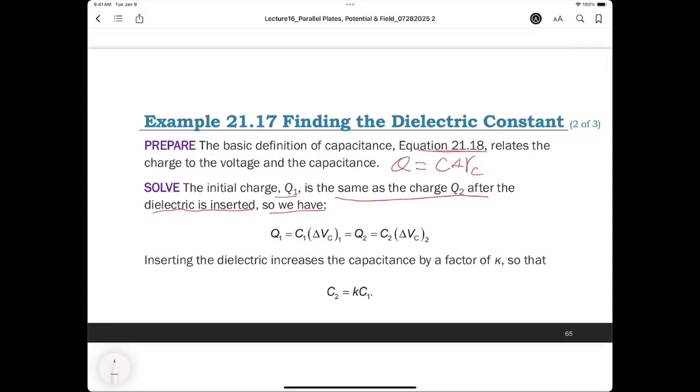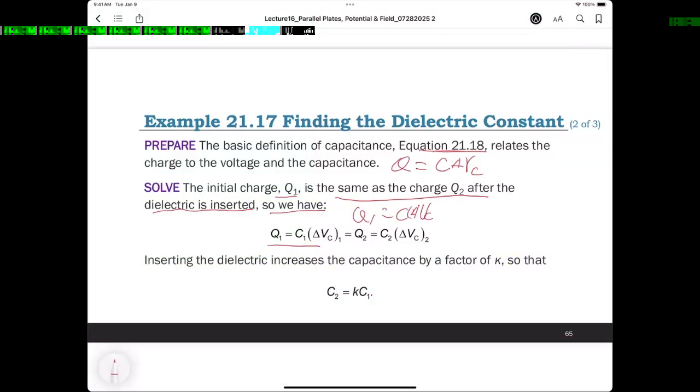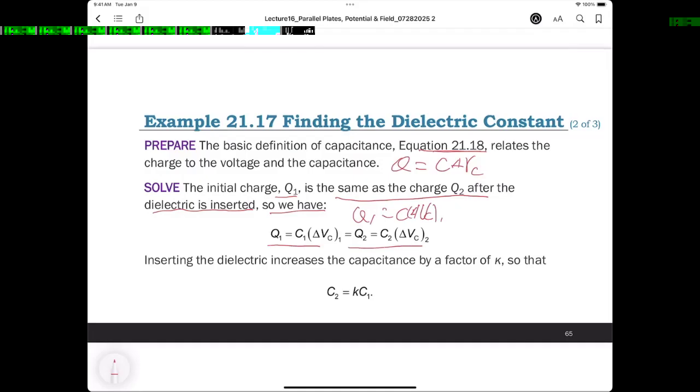So we have Q1 equals C1 delta VC1, and Q2 equals C2 delta VC2. Inserting the dielectric increases the capacitance by a factor of K, so that C2 equals K C1. That makes sense to you?